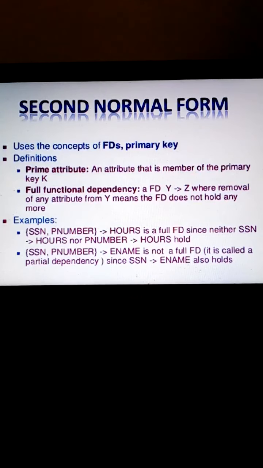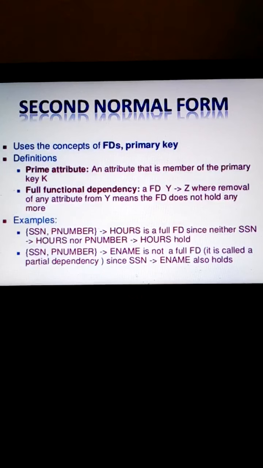SSN cannot individually identify hours and P number also cannot find hours. If we combine SSN and P number, then only we can find hours. So there is no partial dependency, it is a full functional dependency. Hours is fully functionally dependent on SSN and P number. So this is the example of second normal form.